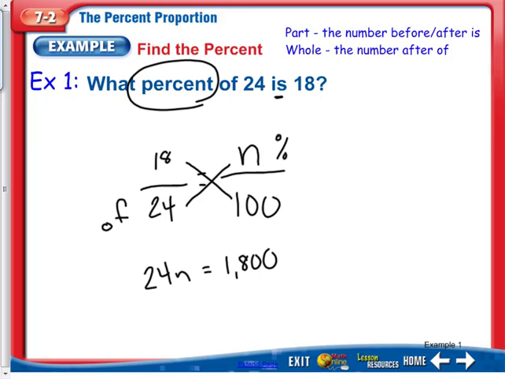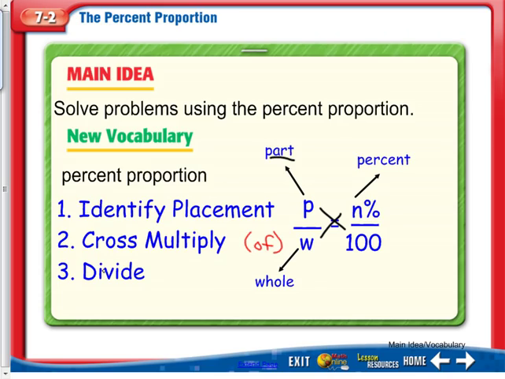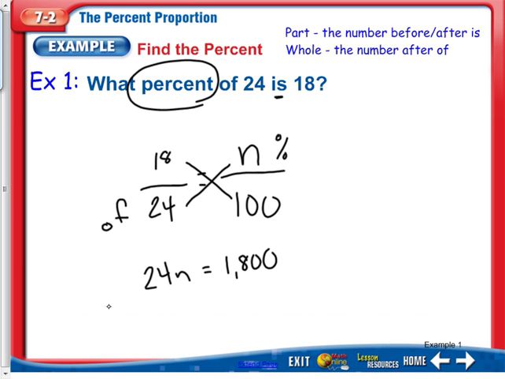Okay, now we've seen these type of equations. Okay, we have a variable right here, except we really don't have to think about what we do very much because we always say cross multiply, then divide by the coefficient. So what is the coefficient? 24. So we're going to divide both sides by 24.